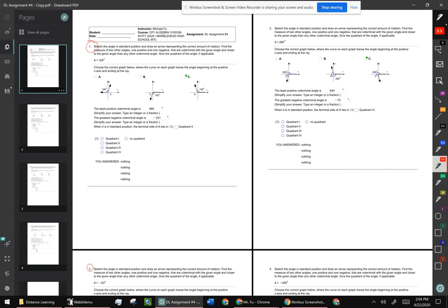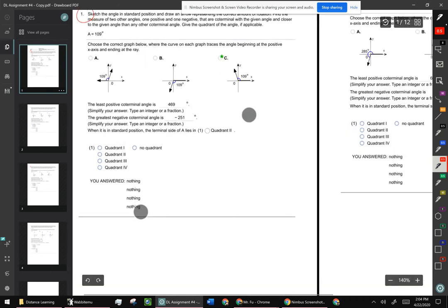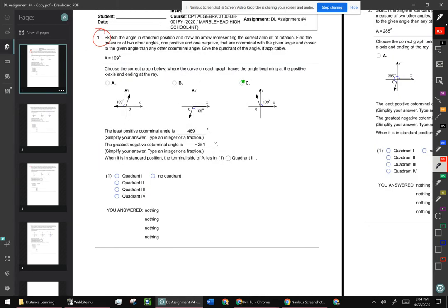So for number 1, it's that same idea about an obtuse angle, and we're going through all the quadrants. For 109 degrees, you want to remind yourself that each quadrant is 90 degrees. If they want an angle in standard position, C's the choice, because in quadrant 1, you go 90 degrees from the x-axis to the y-axis.